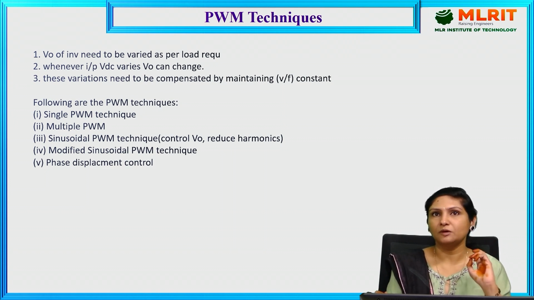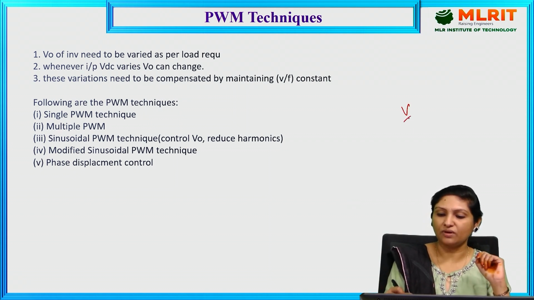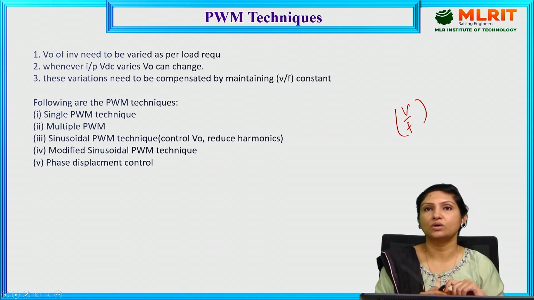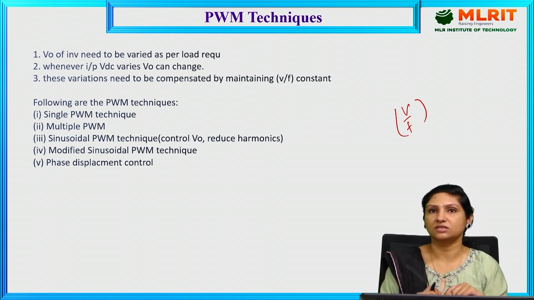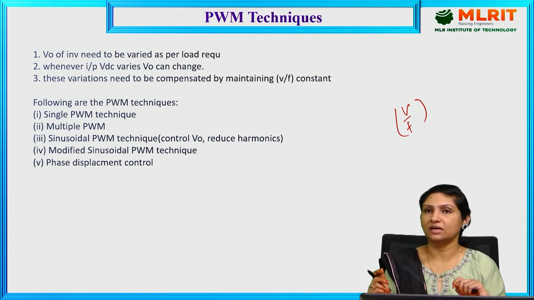In order to compensate this voltage, we are maintaining voltage by frequency constant. This ratio of output voltage to frequency is maintained constant, such that we can compensate the output voltage or load voltage variations. That is the idea behind it.